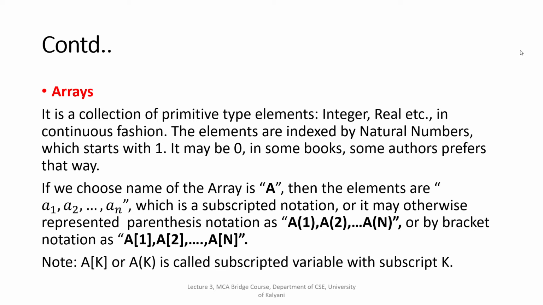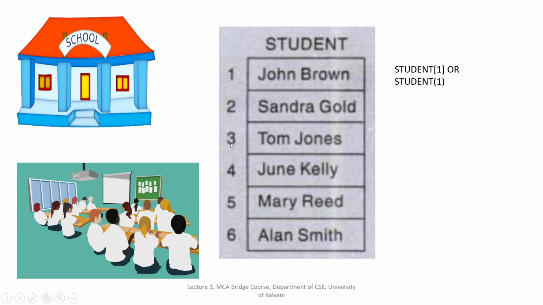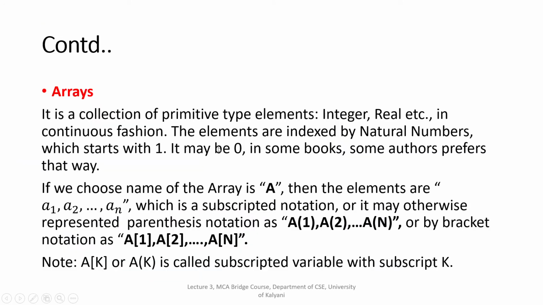Suppose we can represent with subscript a1, a2, an, or we can use parentheses. Within parentheses we mention the index of the element, or we can use brackets. In brackets we have to mention the number.